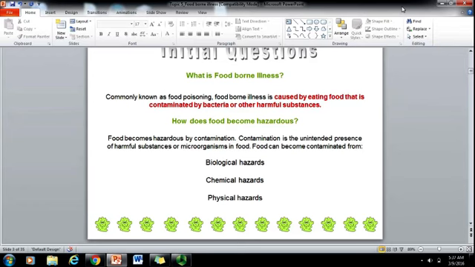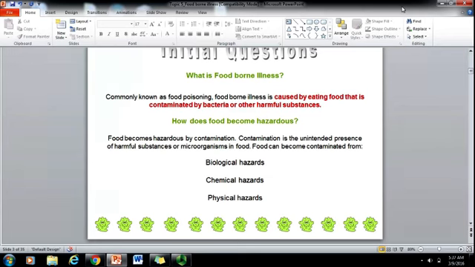Okay, so foodborne intoxication is if we consume food that is contaminated by the toxin that is produced by the pathogen, while foodborne illness is an illness caused by eating food that is contaminated by the food pathogens.